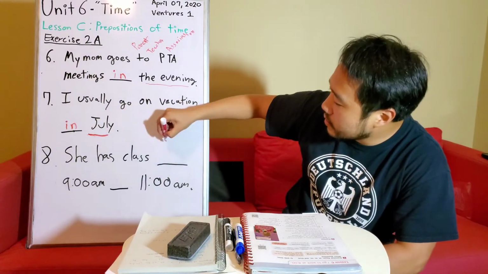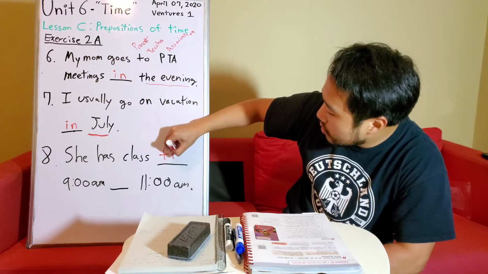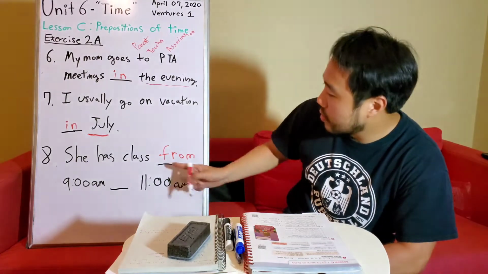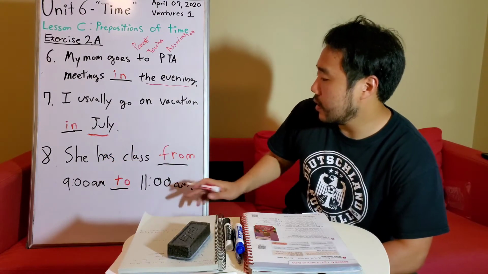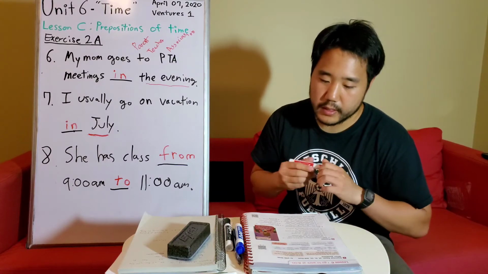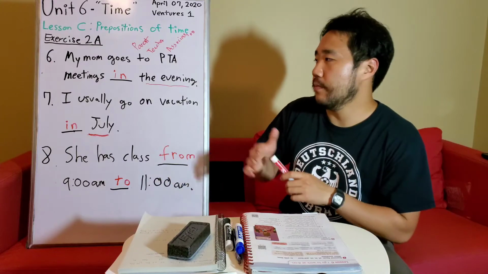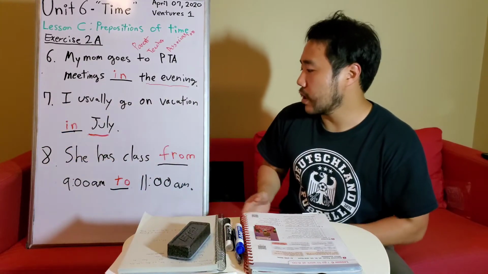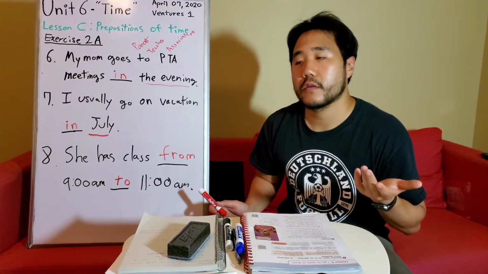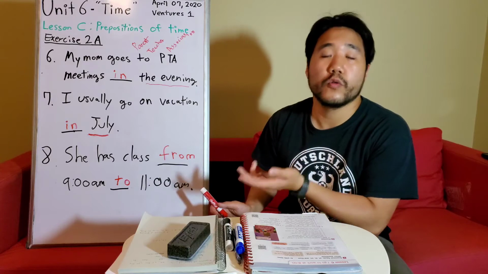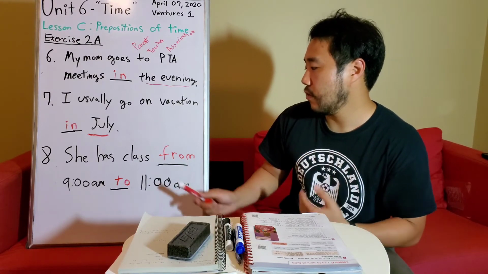So she has class from 9 a.m. to 11 a.m. You want to use this when you want to talk about a period of time from here to here. So here it says 9 a.m. to 11 a.m. I have class from 2 p.m. to 4 p.m.